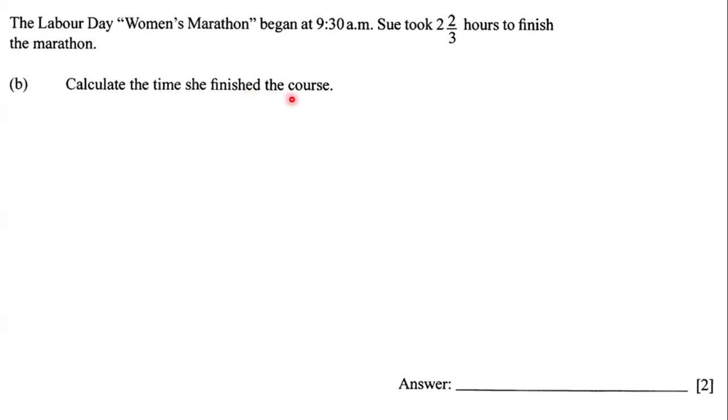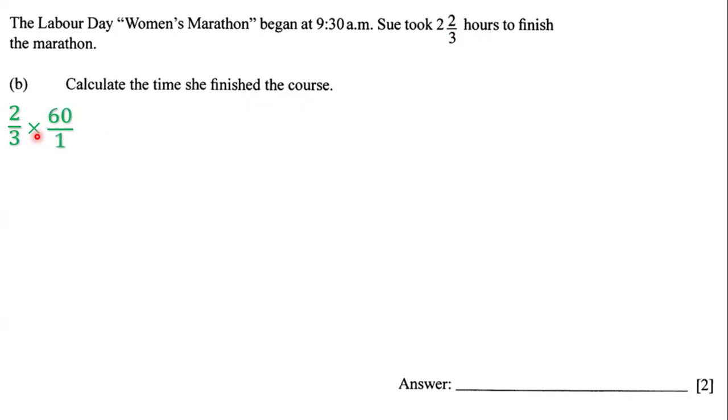The first thing that we need to do is take 2/3 of an hour and express that in terms of minutes. So how many minutes is 2/3 of an hour? To convert it into minutes, we say 2 over 3 multiplied by 60. Why 60? Because 1 hour is 60 minutes.